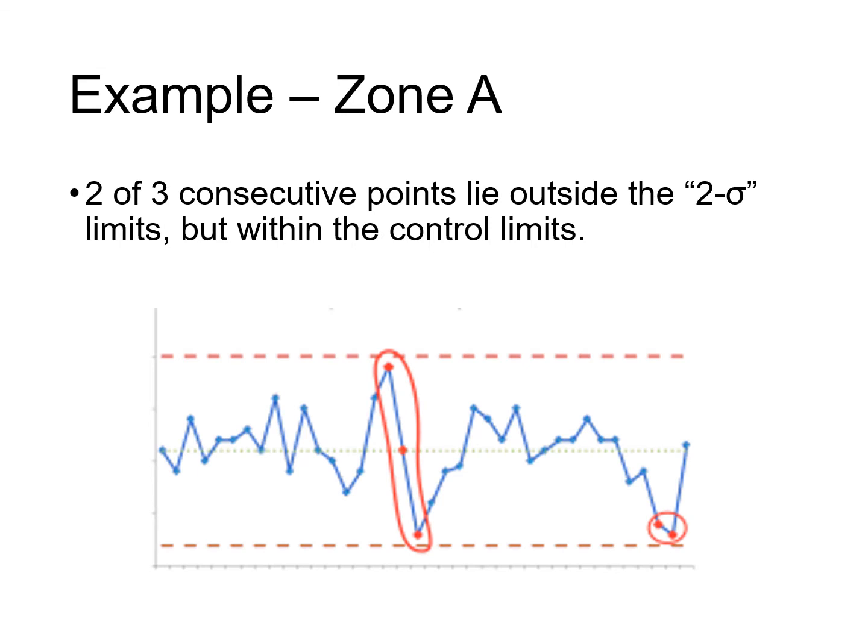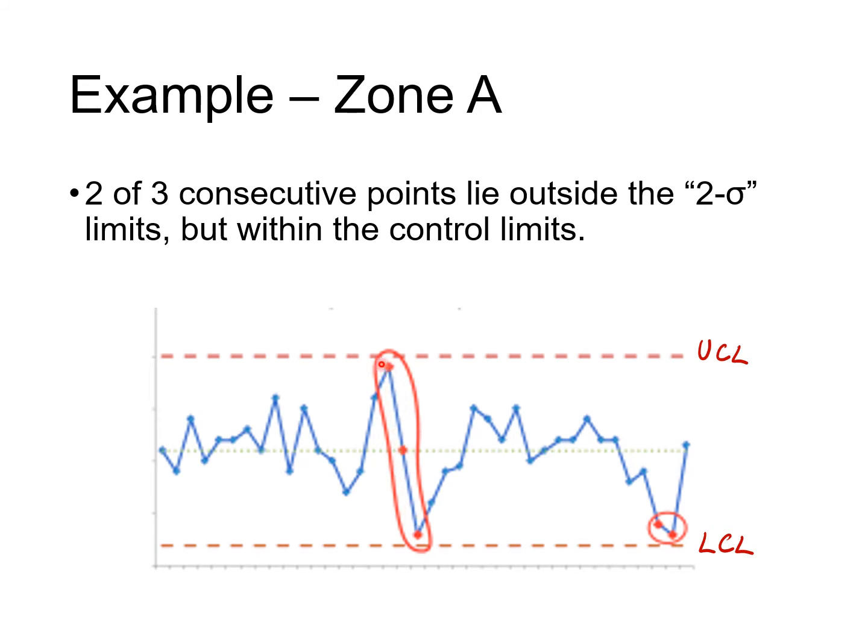Zone A. Remember our rule for Zone A: 2 of 3 consecutive points lie outside the 2 sigma limits, but within the control limits. Our control limits seem to be marked here, our UCL and our LCL. They're within the limits, but let's see what's going on here. It seems that these are probably something to be worried about.